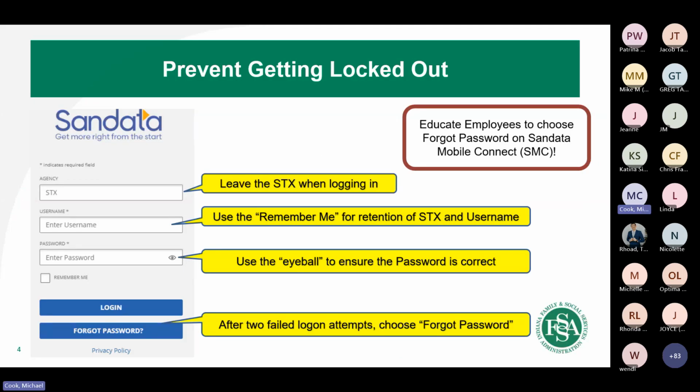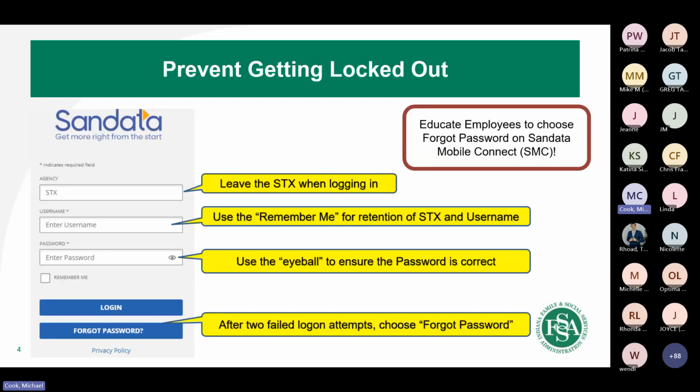One of the first things that providers encounter when they're getting ready to submit EVV data is logging into the SAN data portal in order to capture EVV information. We just like to remind providers of a couple key things. First off, your agency box at the top, agency STX number, is going to be used if you're logging in as a state-sponsored SAN data EVV user.